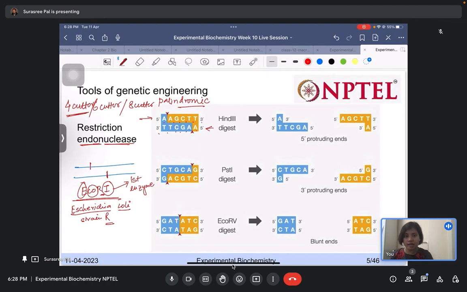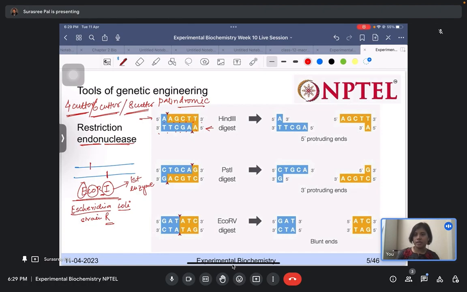If it recognizes a 6 base long sequence, it is called a hexacutter. And if it recognizes a sequence which is 8 bases long, it is called an octacutter, like that. So restriction sites can be either 4 bases, 6 bases, or 8 bases long.